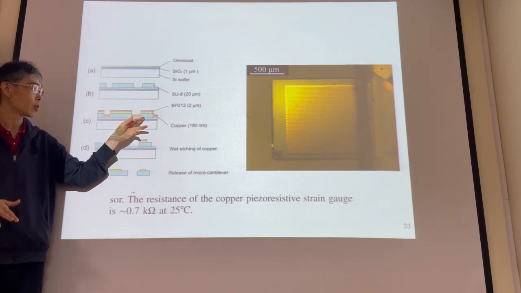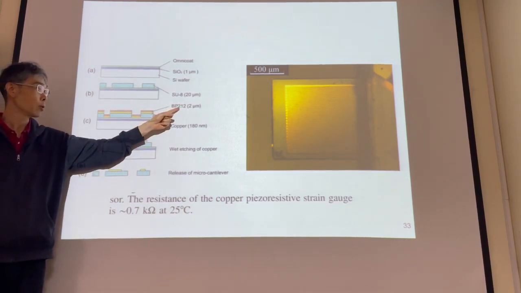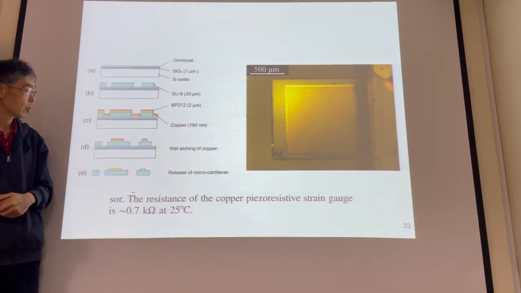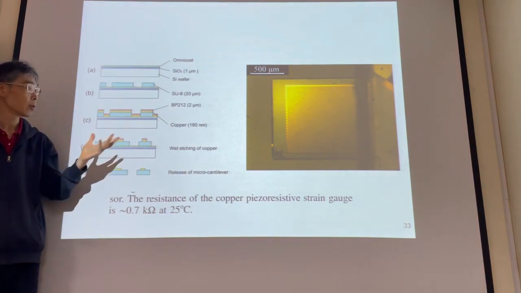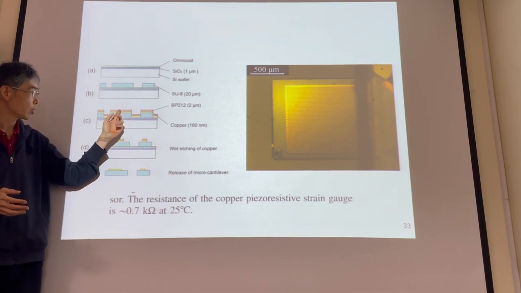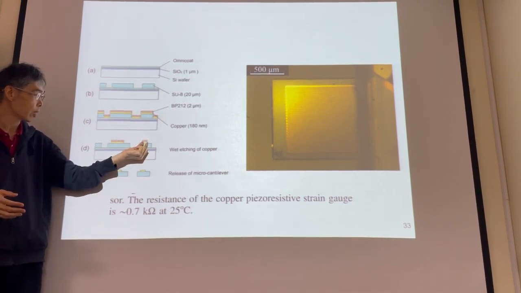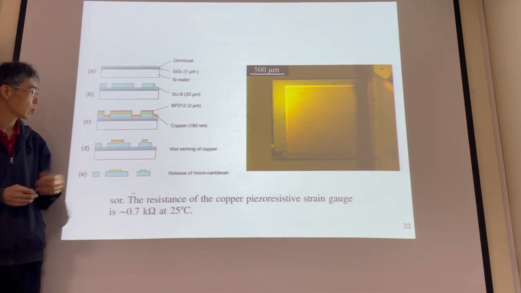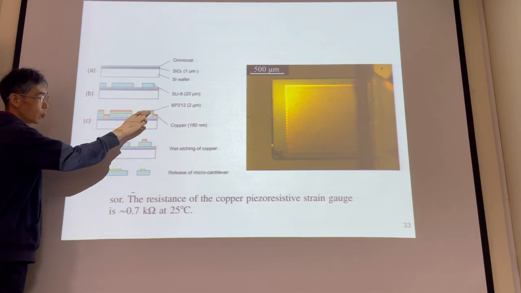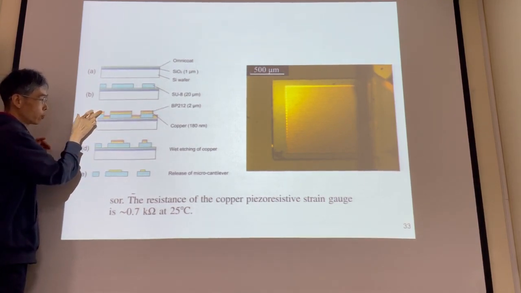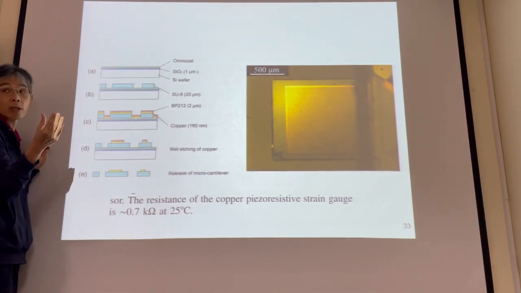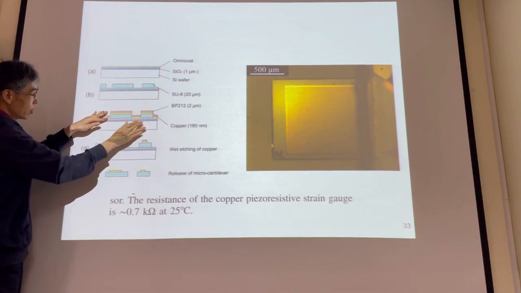Then after that, we can coat BP212, which is a polymer, 2 micron. Then we could pattern. We can remove the BP212 here, so only the BP212 covers the copper here and copper here. Because BP212 protects the copper, we remove the BP212 here, then we use the copper etchant to remove the copper here.